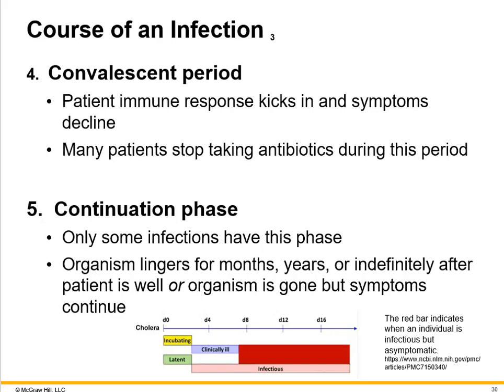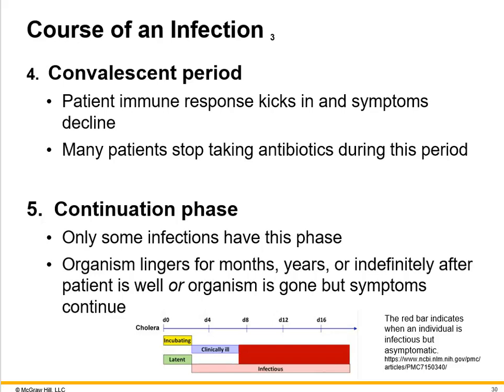In such cases, the pathogen might return in full force, causing a relapse. Even worse, the pathogen could develop antibiotic resistance as a result of the patient failing to follow the required course of antibiotics. So it could lead to antibiotic resistance if they stop taking it during this time.